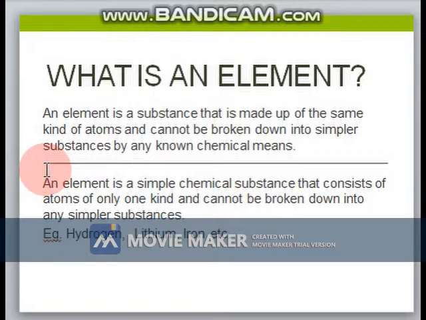On the other hand, an element is a simple chemical substance that consists of only one kind and cannot be broken down into any simpler substances. Example is hydrogen, lithium, iron, etc.